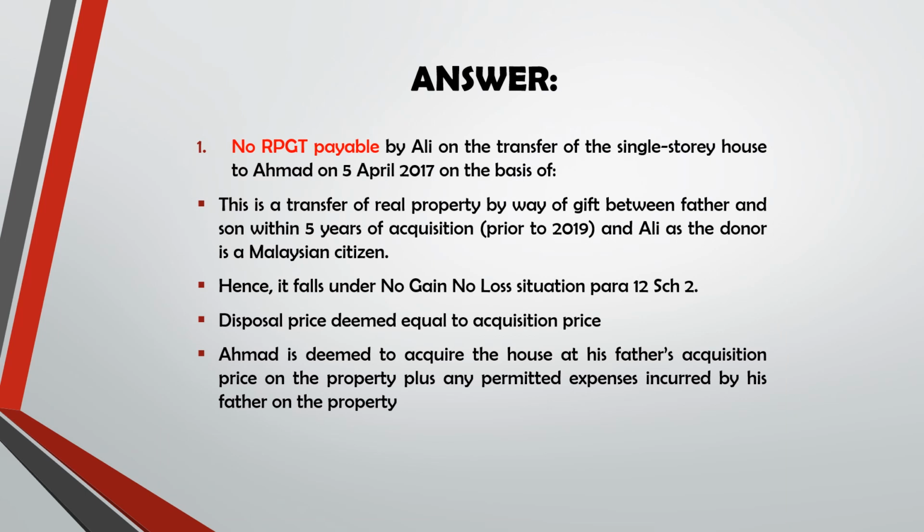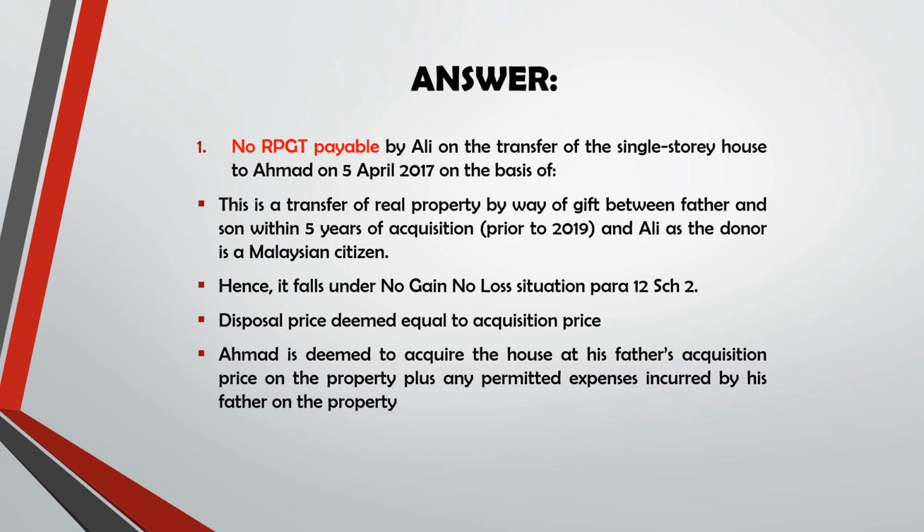First, no RPGT is payable by Ali on the transfer of the single-story house to Ahmad on the basis that this is a transfer of real property by way of gift between father and son within 5 years of acquisition. You have to highlight the 5 years because it is prior to 2019. And Ali as a donor is a Malaysian citizen, because the condition for Malaysian citizen takes effect from 1st January 2017.